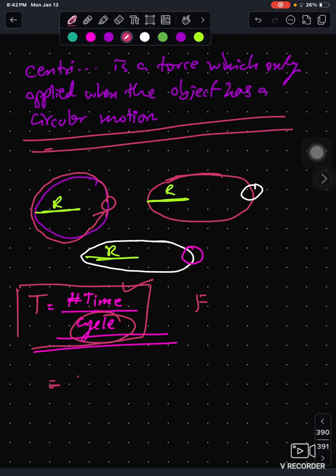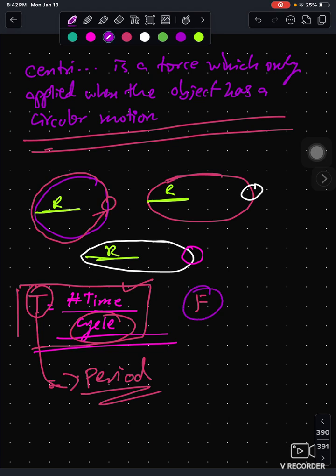We don't actually call it time. This is known as the period. Period is the number of seconds taken for a cycle to happen. Frequency and time are related to each other.